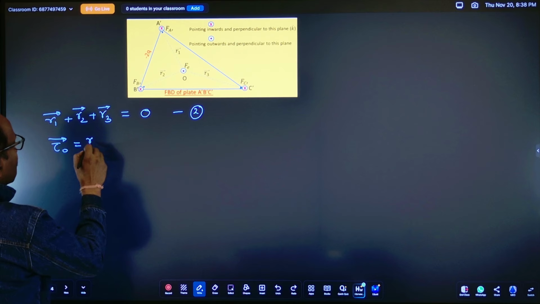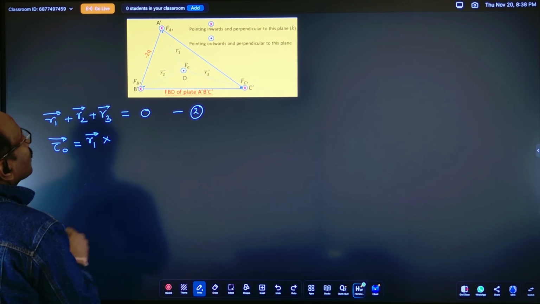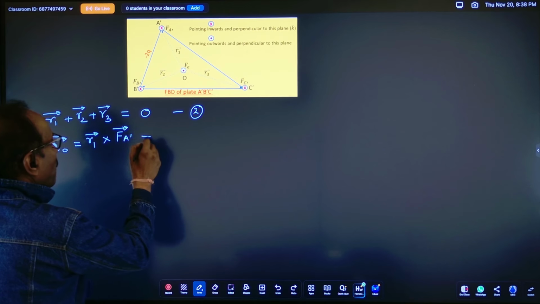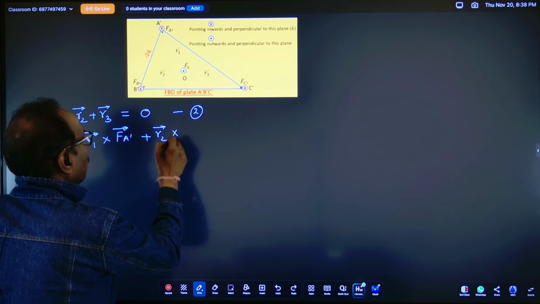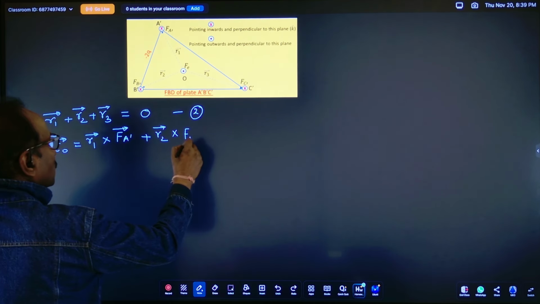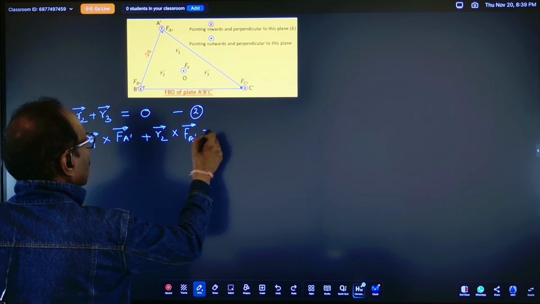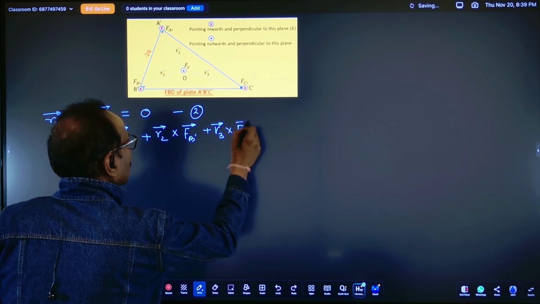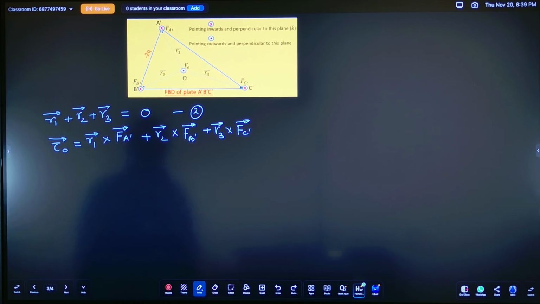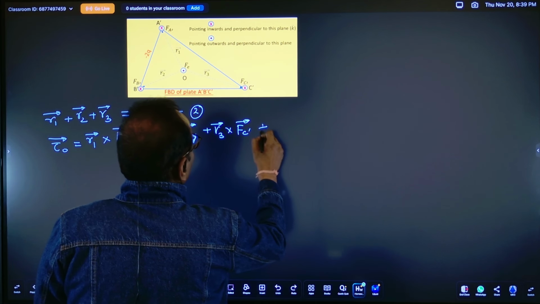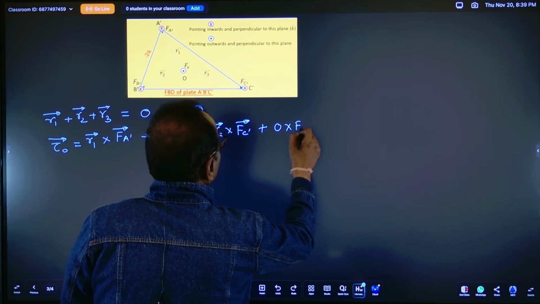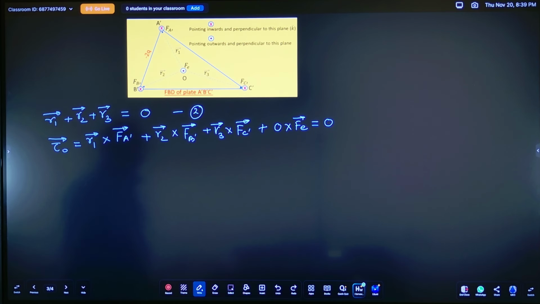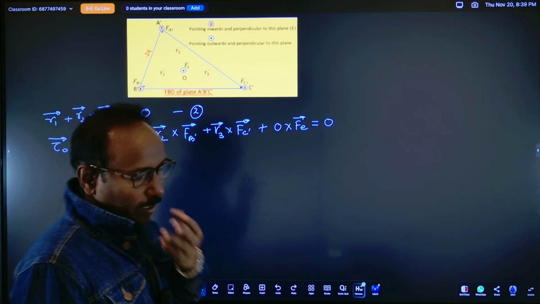we can write R1 cross Fa prime, R2 cross Fb prime, R3 cross Fc prime, plus 0 into Fe as 0, because there is no angular acceleration involved here.